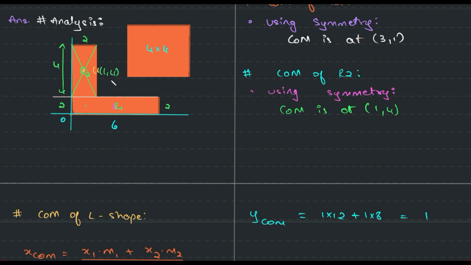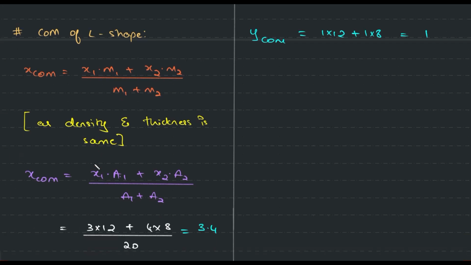And if you guys thought that I was doing wrong, you are right. X2 was wrong. So this will be 36 plus 8, 44 by 20. That is 2.2. Okay, this is apparently 2.2.